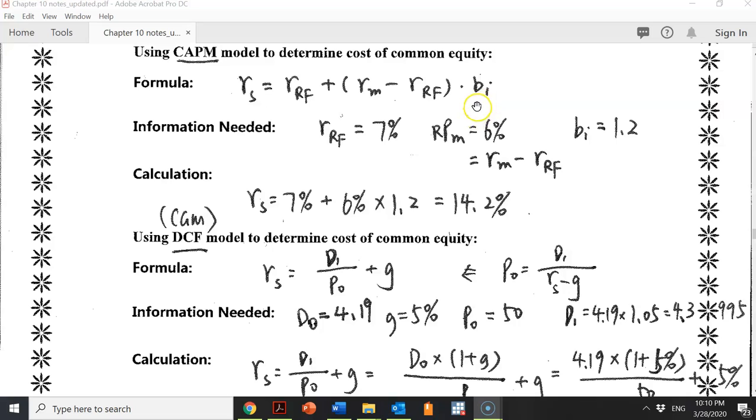It's also given in the question that the risk-free rate is 7%, market risk premium, RM minus RRF, is 6%, and beta is 1.2. We can just plug the numbers into the CAPM model. The cost of common equity, or the stock return, RS, would be equal to 14.2%.